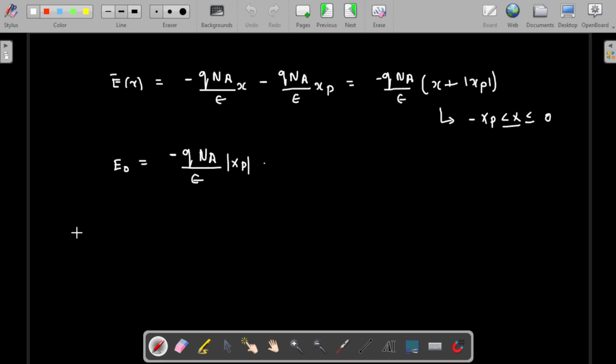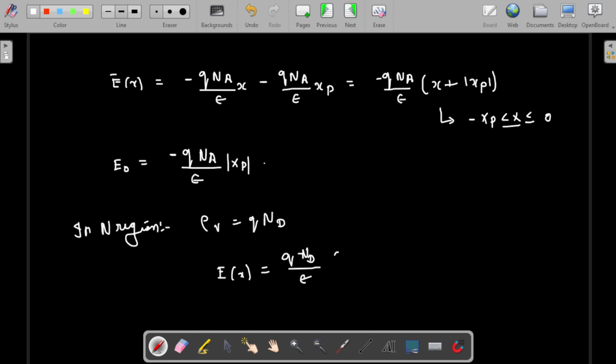Even if we do the same thing in the n region, if you try, then ρ will be different. So ρ will be q N_D. If we work that out, then our E of x will be equal to q N_D divided by epsilon times x minus x_n.